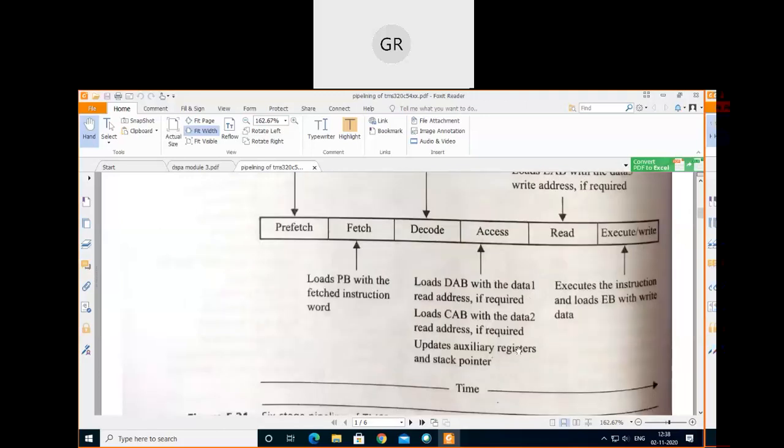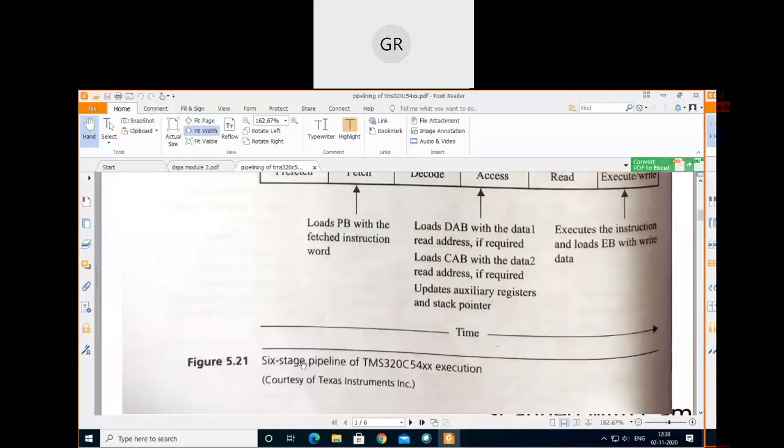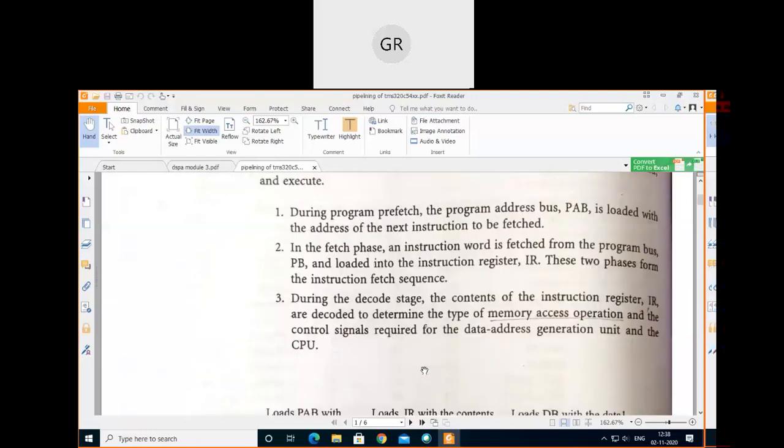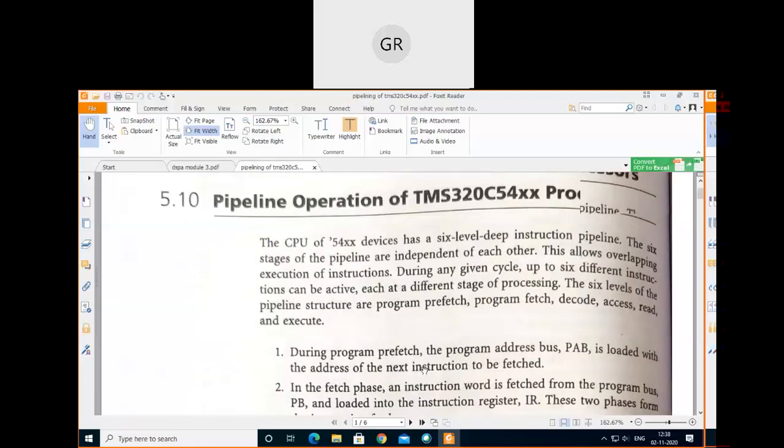Briefly, we'll discuss the 6 stages of pipeline operation of the TMS320C54xx processor. What is meant by the pipeline? Parallel execution of the instructions.